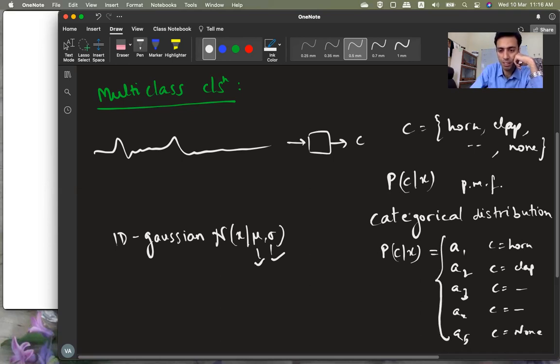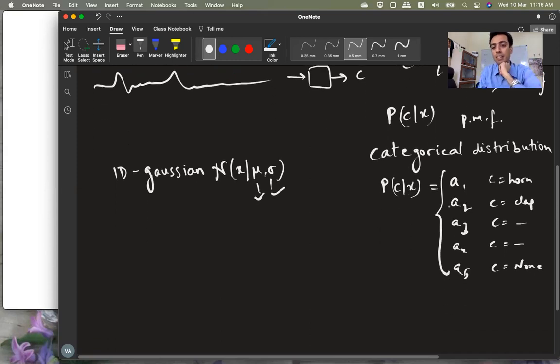This is the PMF, right? So how many unknown parameters are there? 5. But there is a constraint as well, right? What is that constraint?